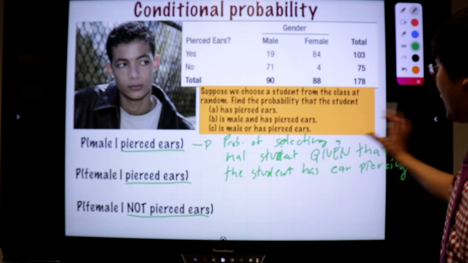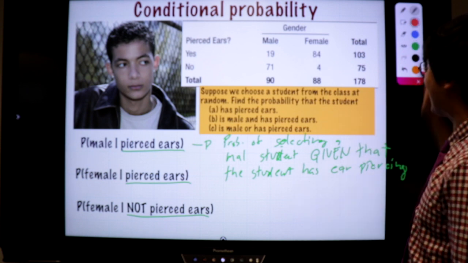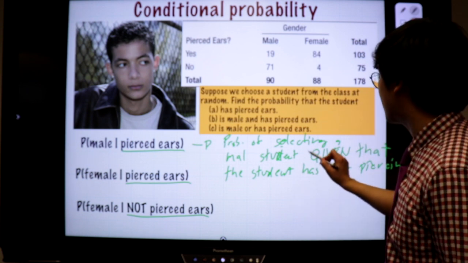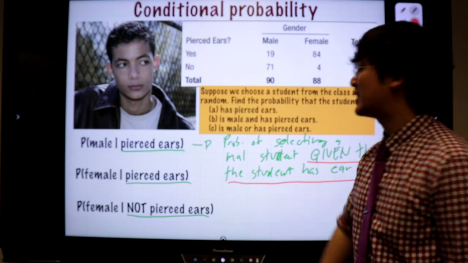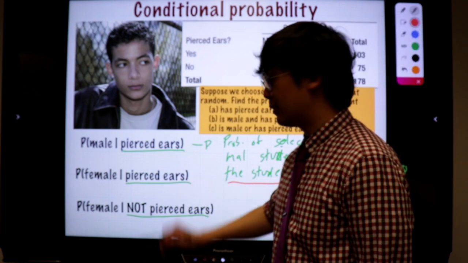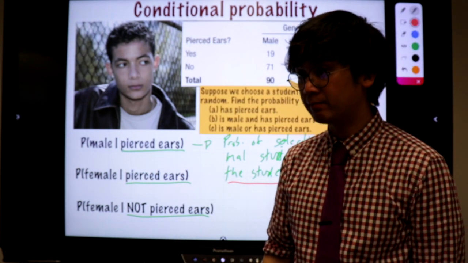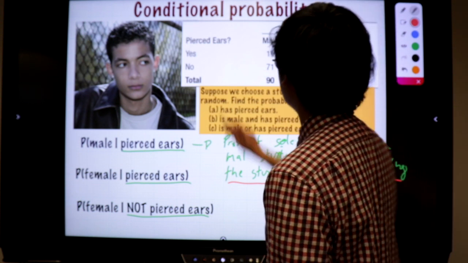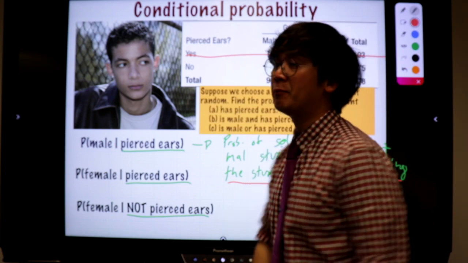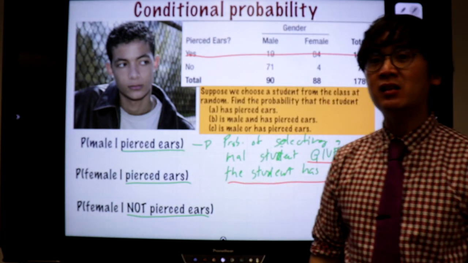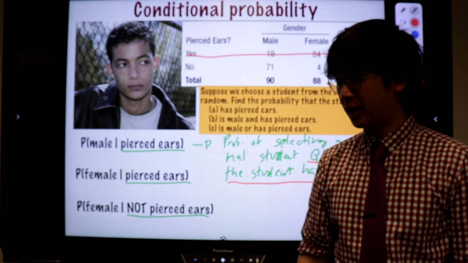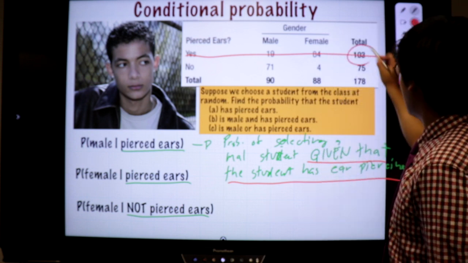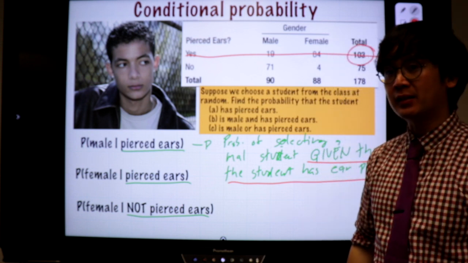So, when we translated this in English form, the condition is that that particular student should be a student with ear piercing, right? Yes. So that means our sample space are only students with ear piercing. 103 is our sample space.